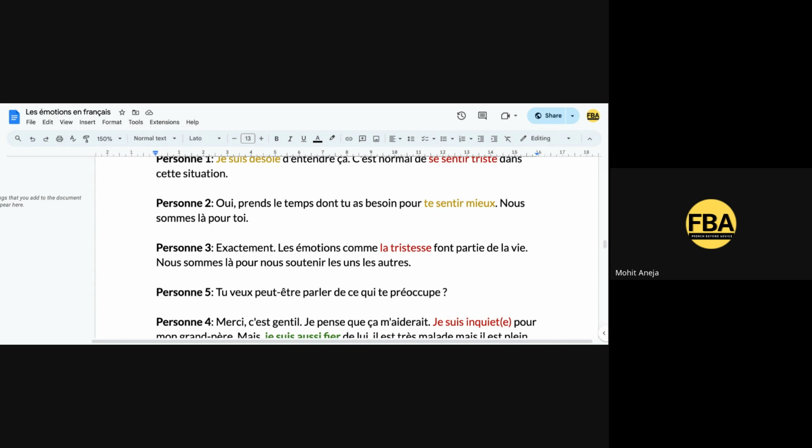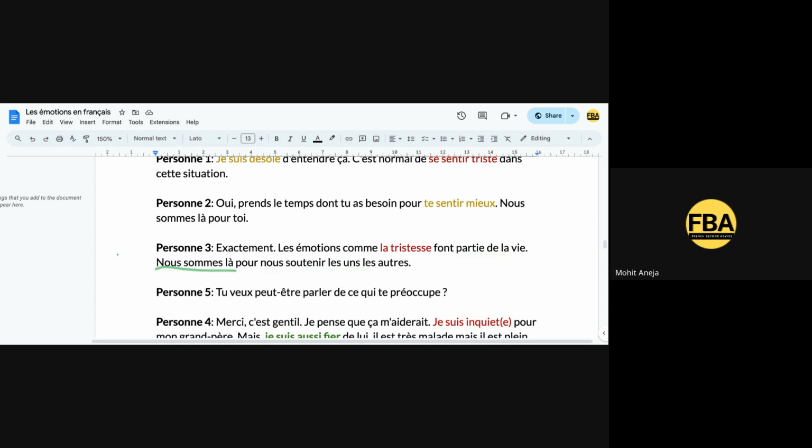Les émotions comme la tristesse font partie de la vie. Nous sommes là pour nous soutenir les uns les autres. Exactly, emotions like sadness are part of life. Very nice. Nous sommes là.